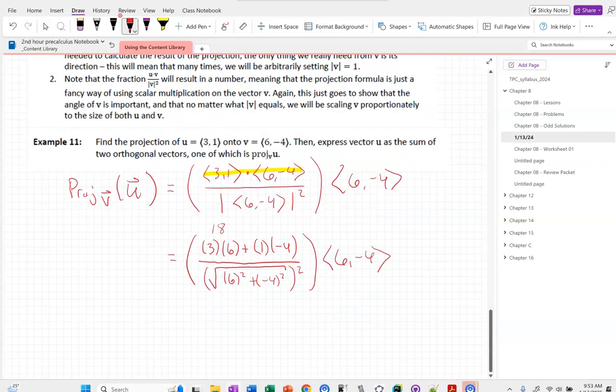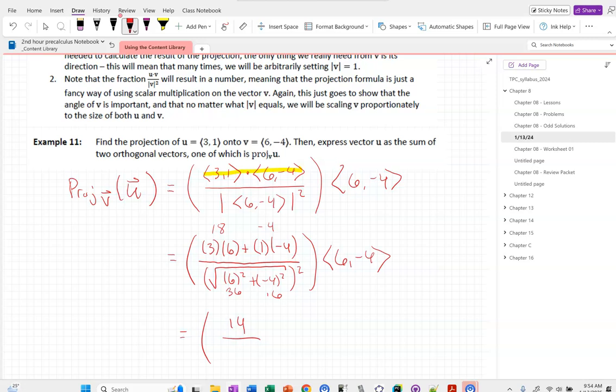6 times 3 is 18. 1 times negative 4 is negative 4. 18 plus negative 4 is 14. Six squared is 36. Negative 4 squared is 16.